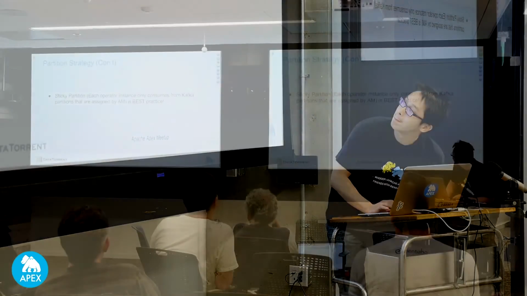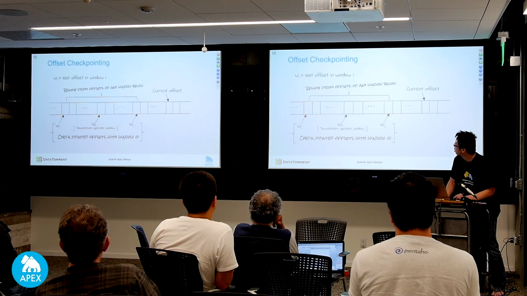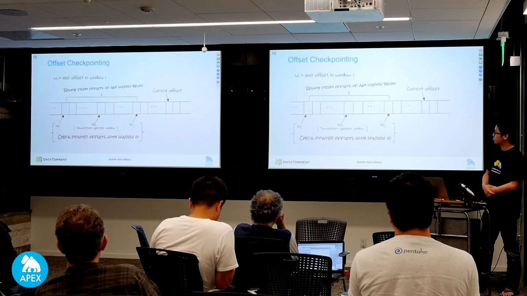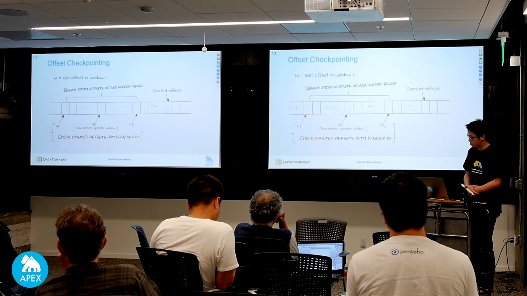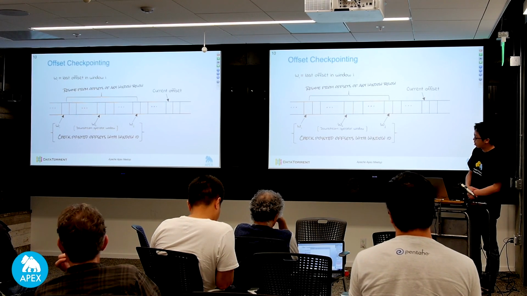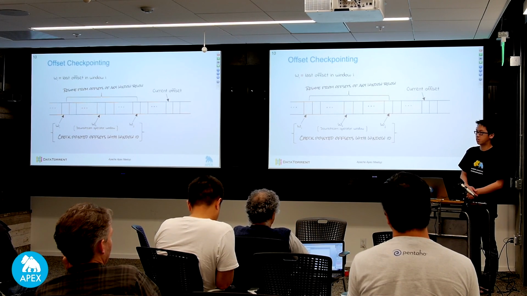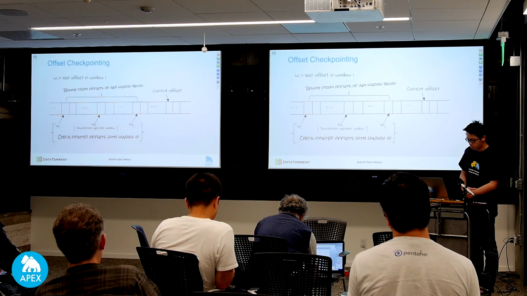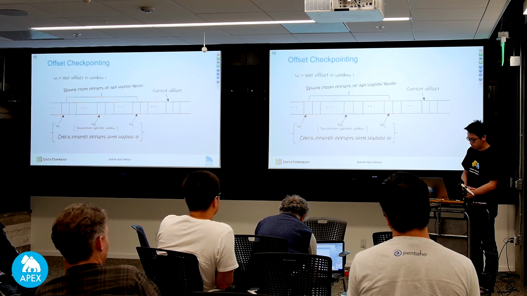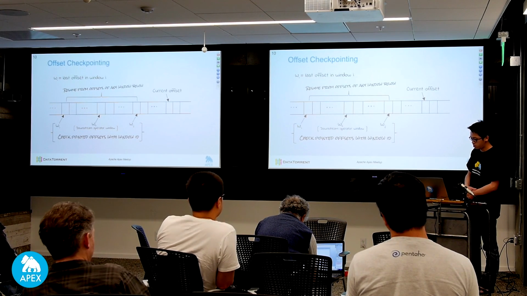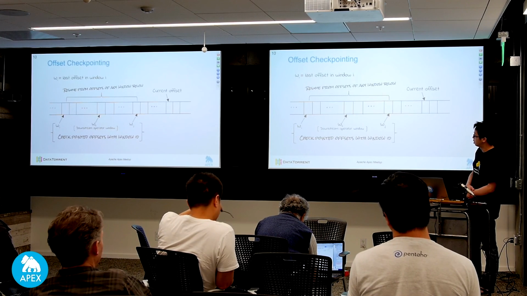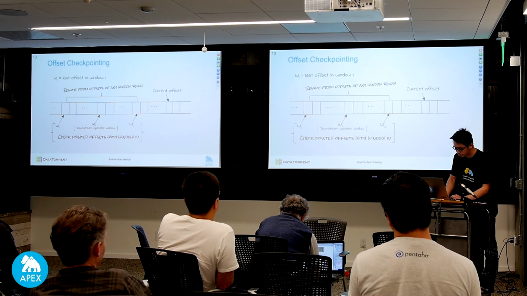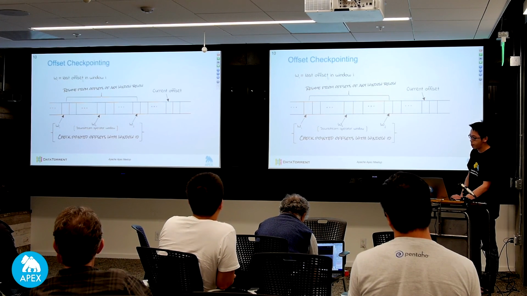Next, I'm going to talk about a key component in the Kafka input operator, which is the offset checkpointing and the offset commitment. This is a key component because only with this can we guarantee no data loss. So let's look at this diagram.